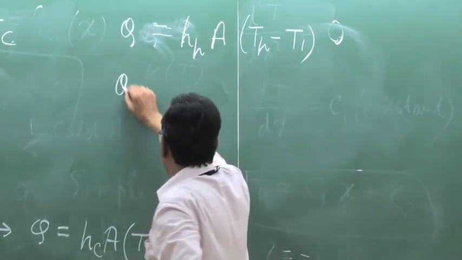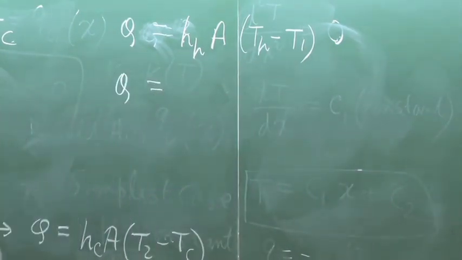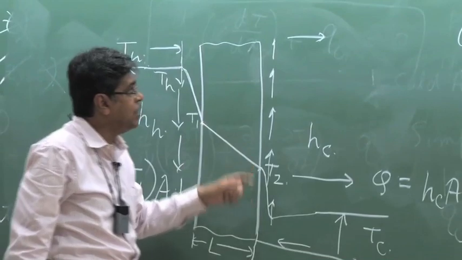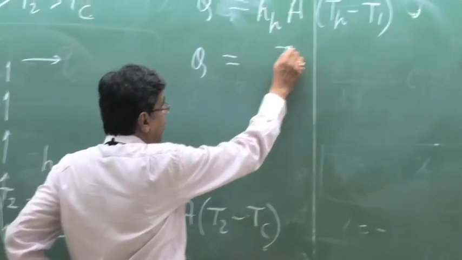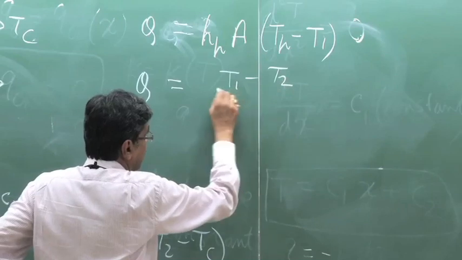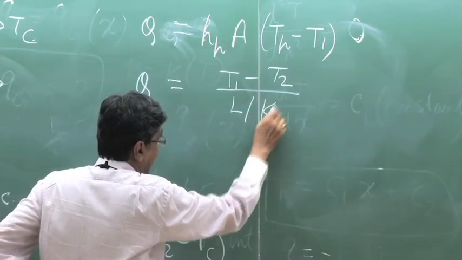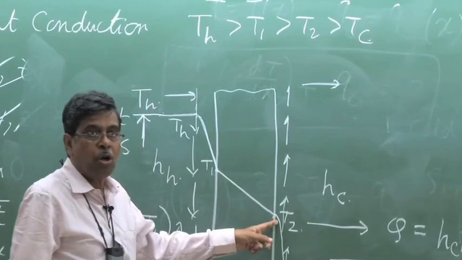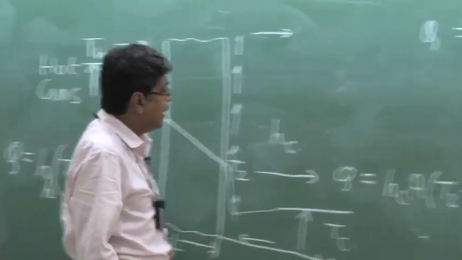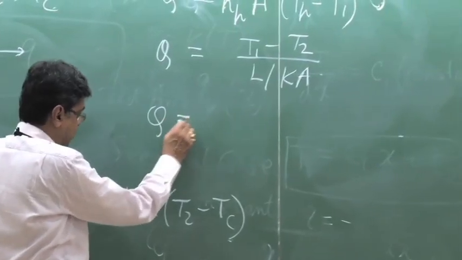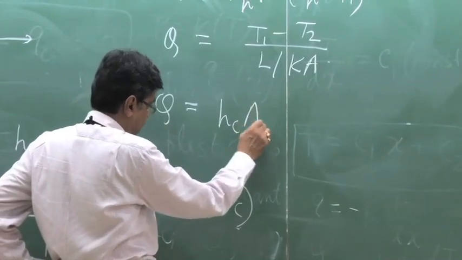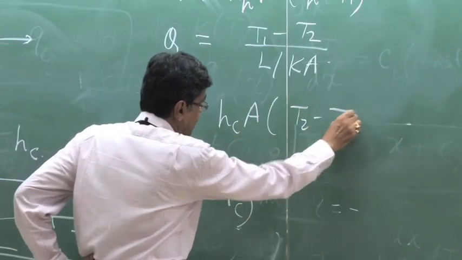The same heat flux Q now goes from this surface to this surface by conduction, which is nothing but T1 minus T2 divided by L by KA, which we already deduced here. If the two surface temperatures are T1 and T2, conduction is given by this, and the same heat Q, because of steady state, goes out, which is HC times A times T2 minus TC.